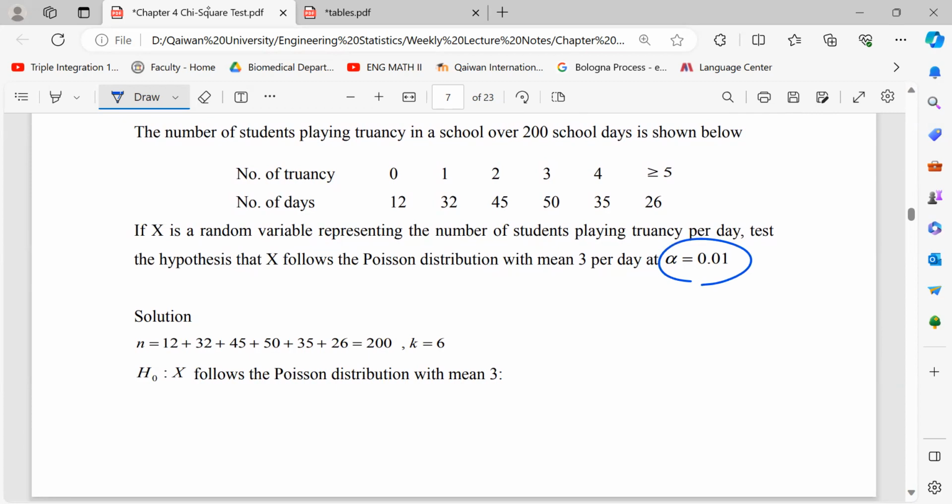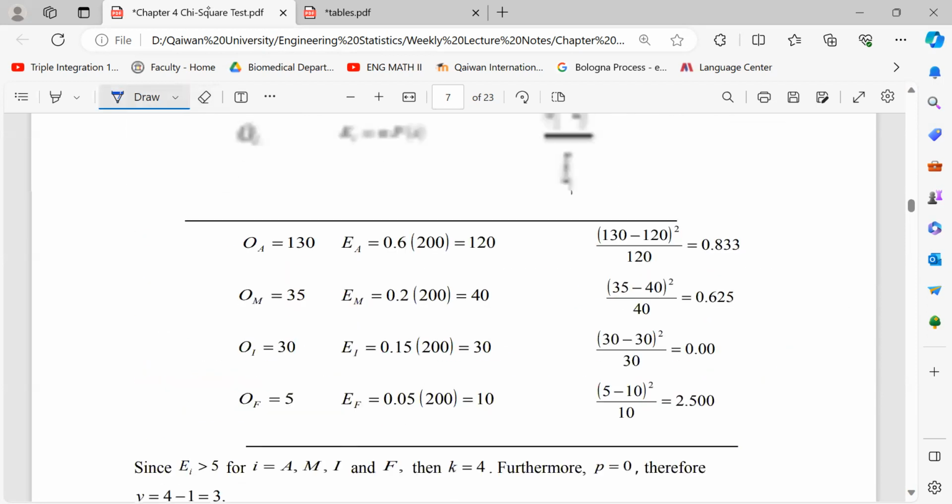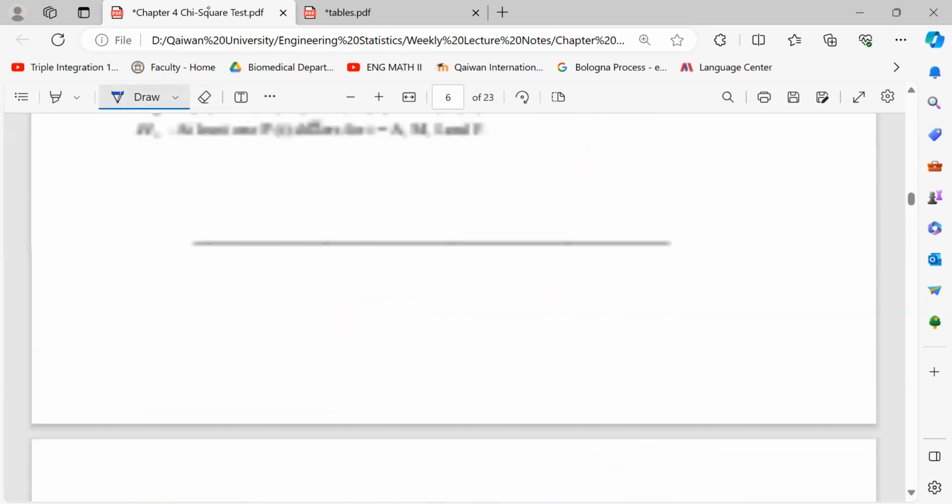It must be given, or it's given as a percentage. It may say, let's say, 5% significance level. Means this is 0.05. Okay? It's either given as a decimal number or a percentage.